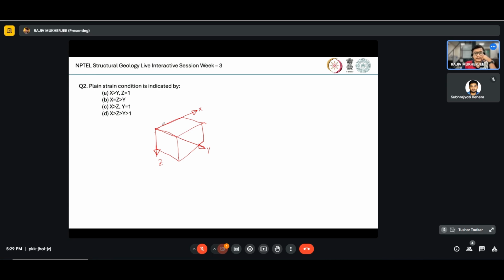So there will be stretching along x, shortening along z, but there will be no deformation along y. So this is the classical condition for plane strain.